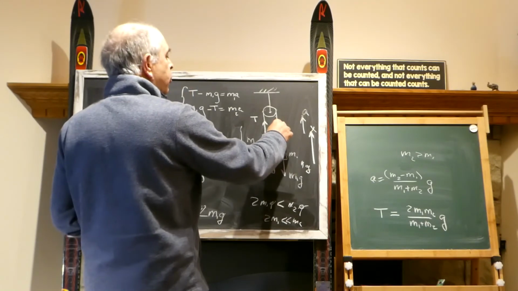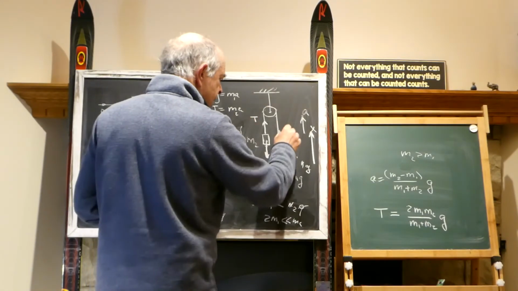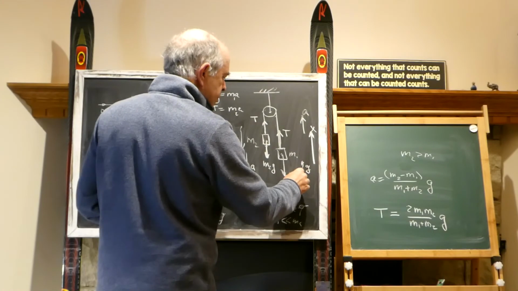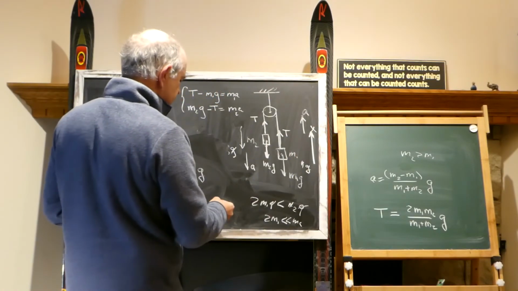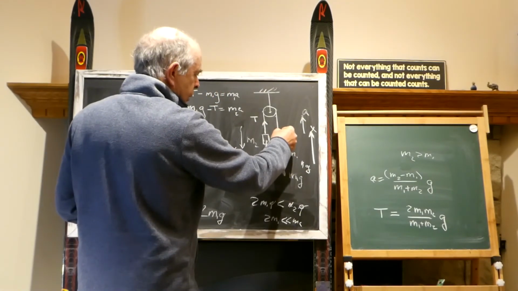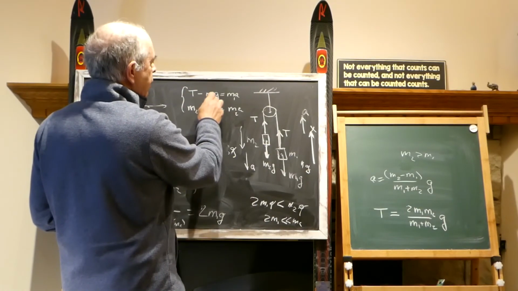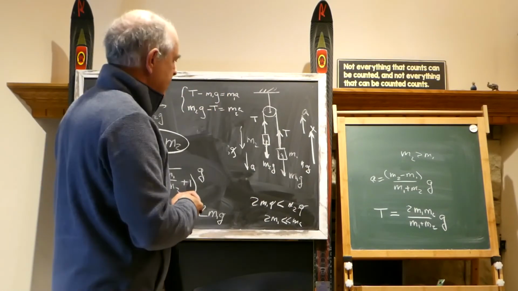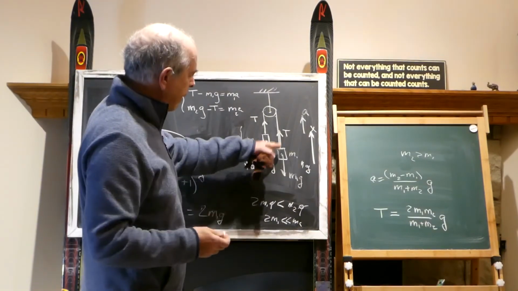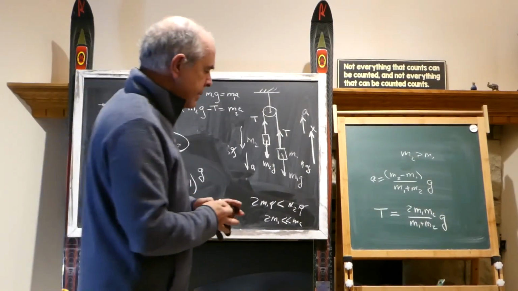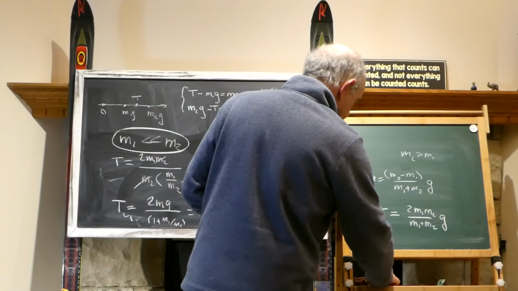To move up with almost g acceleration, this has to overcome this, and it has to be twice. 2m1g minus m1g would be m1g, and that means that the right body is going up with g.